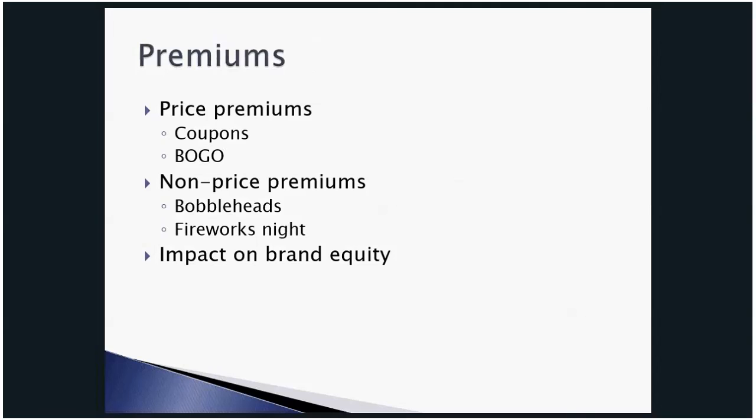Why would I spend $30 for a season ticket when everyone else is getting it for 20 or 10 or 5? Long term, I'm going to lose those season ticket holders because they're not going to spend that money because it's cheaper elsewhere. I might also be able to make more money with a non-price premium.